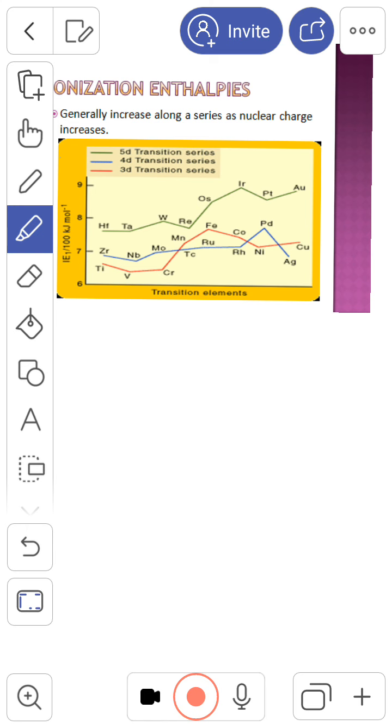transition series. This irregular trend in the first ionization enthalpy of the first transition series, that is the 3d series, is due to the fact that removal of the electrons alters the relative energies of 4s and 3d orbitals.